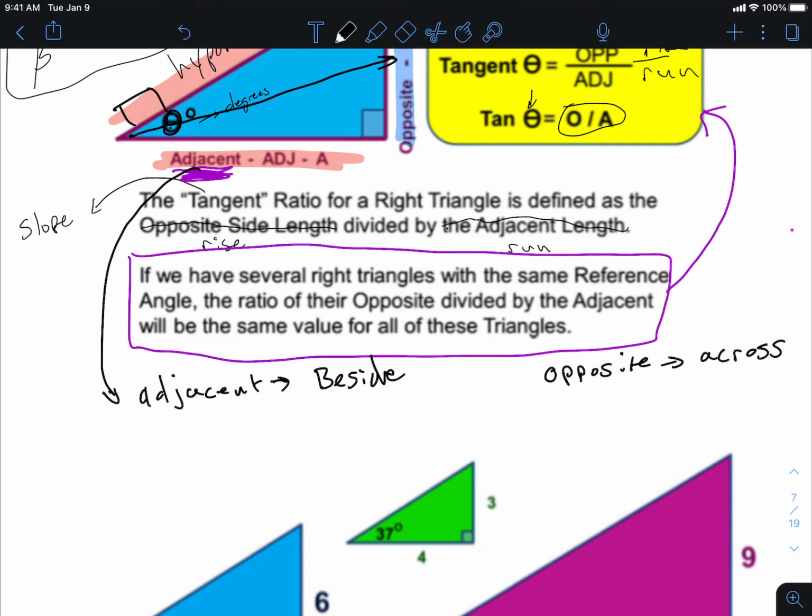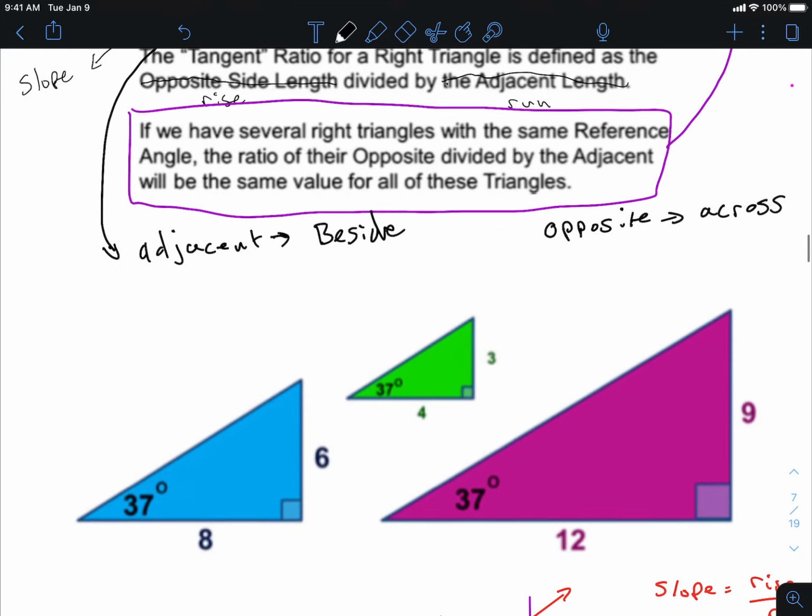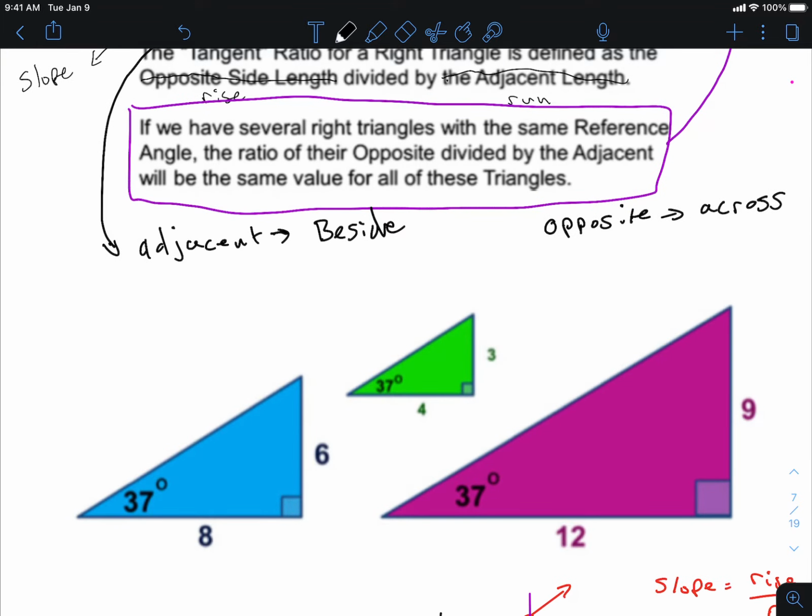This is how I kind of remember it, or how I learned it anyway, or locked it into my mind. If I'm standing in a particular corner, like down here, I always have this angle of interest. That's what I mean by standing in that corner, right? If I look across, I can see 6 is going to be the rise, or we can try and move away from this notion of it being the rise.